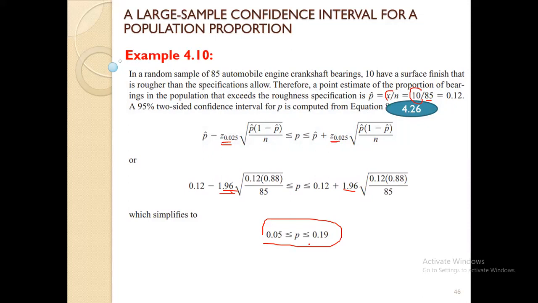Because you should QC your product and check the proportion. For today, you produce about 10,000 pieces, you collect about 100 pieces and check the defects. If the defect proportion is within the 95% confidence interval, we accept it.